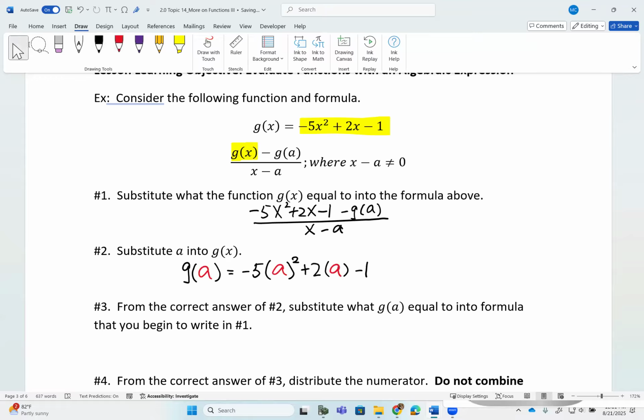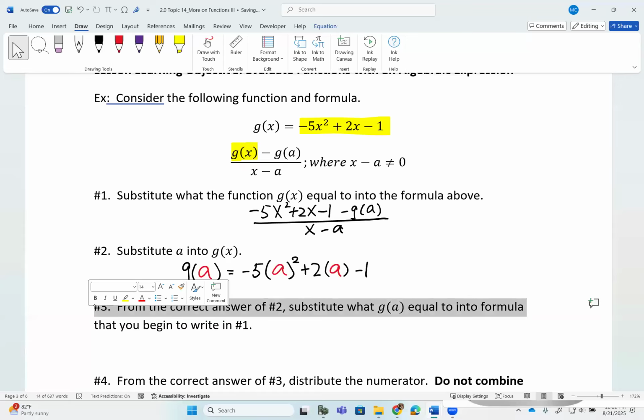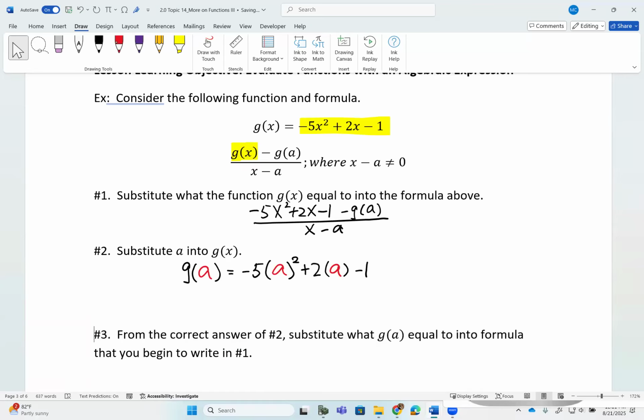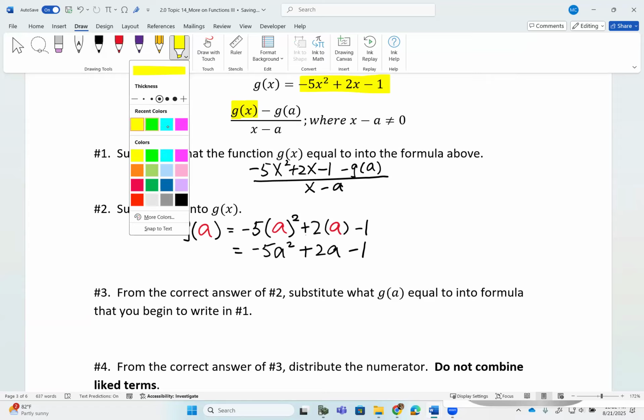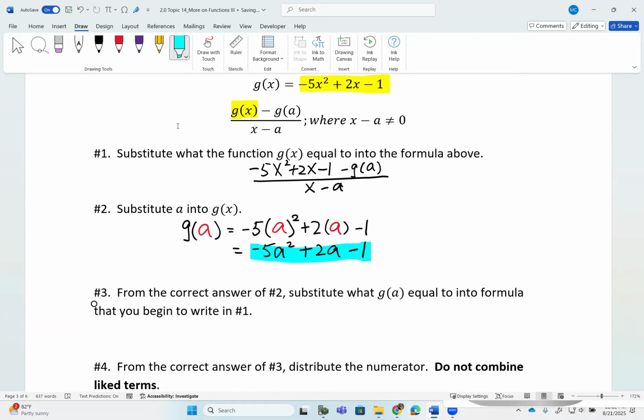All right, let's simplify this for a moment. A whole thing squared is still a squared, times negative 5 is negative 5a squared. Positive 2 times a is positive 2a, and still minus 1. So this is what g of a equals.